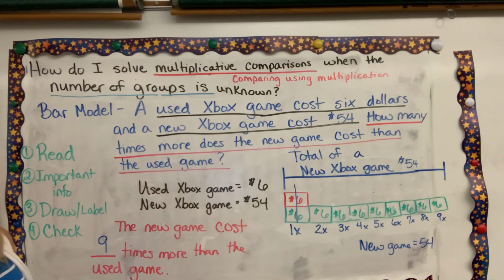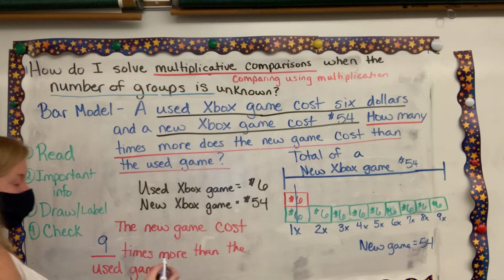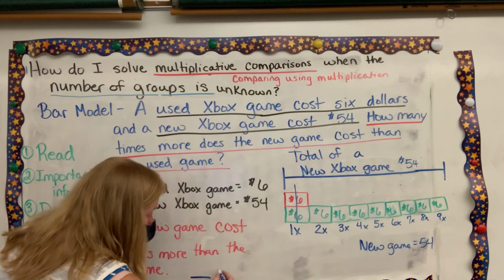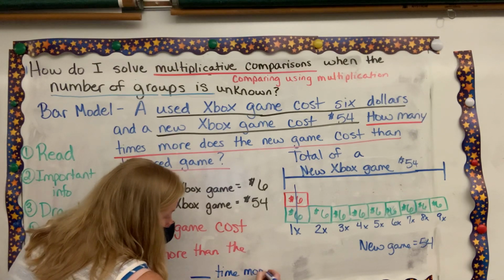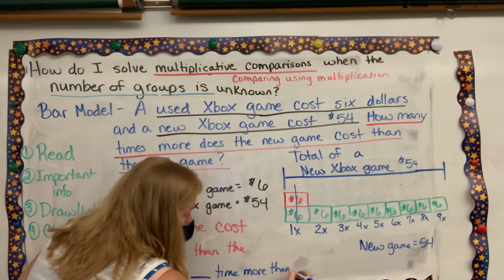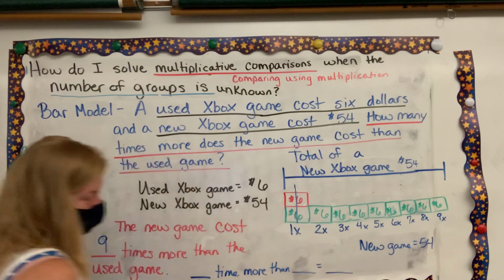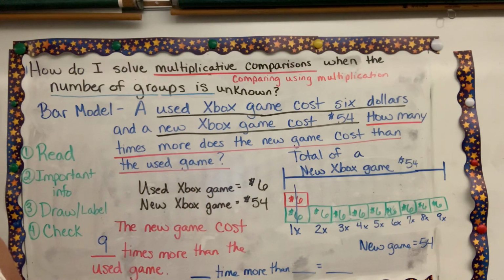How would I write this as an equation? So when you're thinking about this, it's blank times more than blank equals blank. How would I write it? Because we don't know the number of groups.